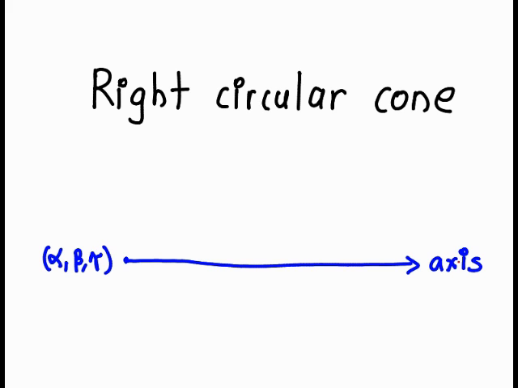Now it is nothing but a right circular cone. So definitely there has to be a circle which is generated from the different lines. Those are called the generators.